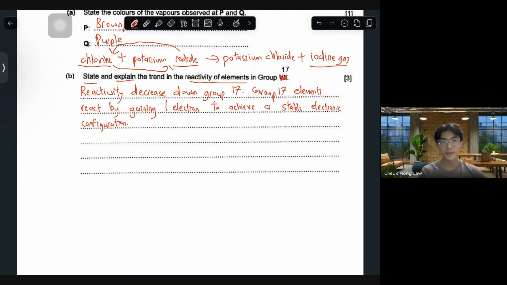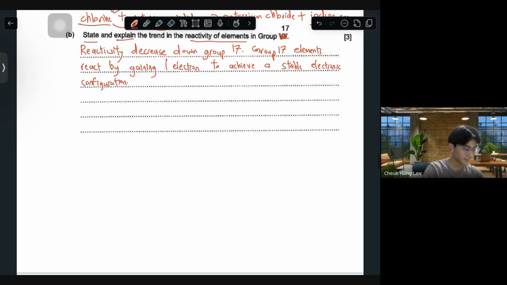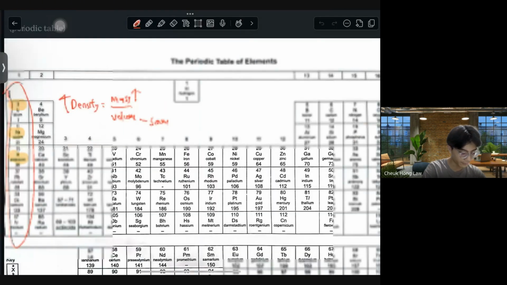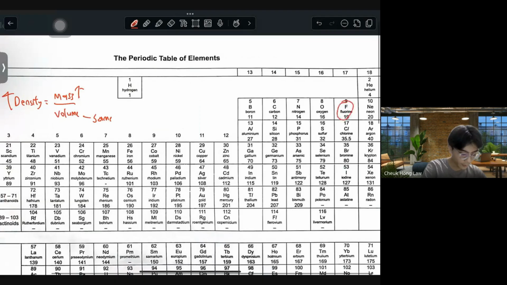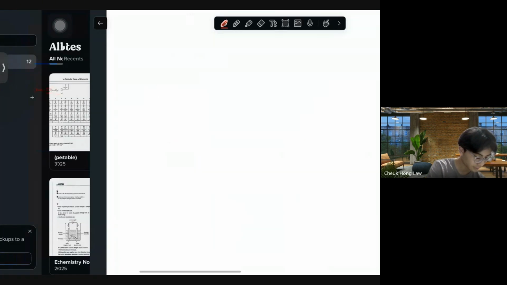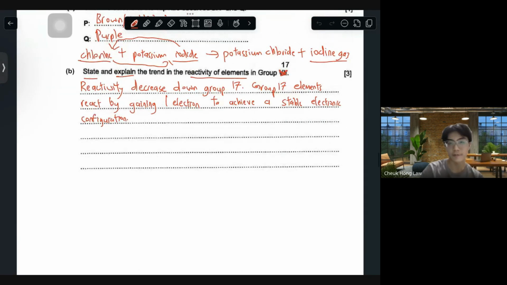So why does reactivity decrease? As you go down the group, the atomic radius of the elements will increase. Why? Because the number of electron shells increases. Let's look at fluorine. Fluorine will have 2 electron shells. Chlorine will have 3 electron shells. And there will be more and more electron shells as you go down the group. So the atomic radius will increase.